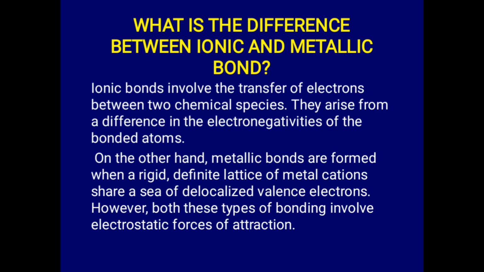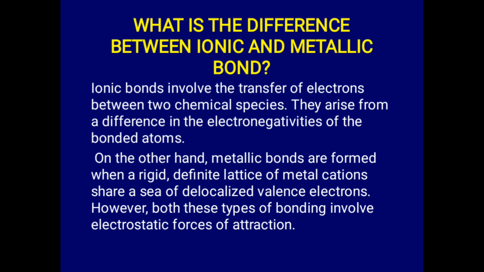But we are comparing it with metallic bond. Metallic bonds are formed when a rigid, definite lattice of metal cations shares a sea of delocalized valence electrons. A good similarity between them is that both involve electrostatic forces of attraction.